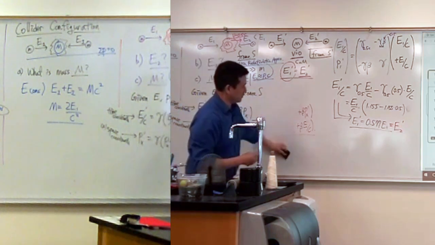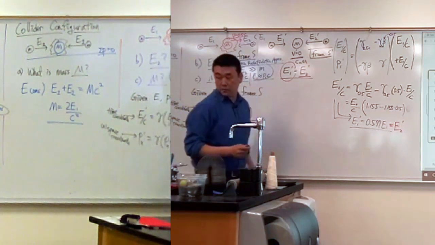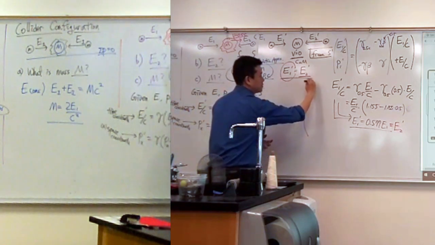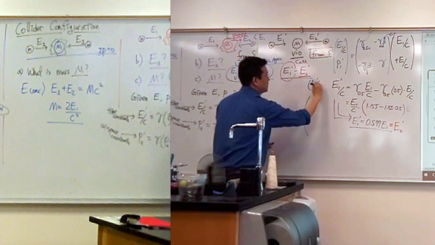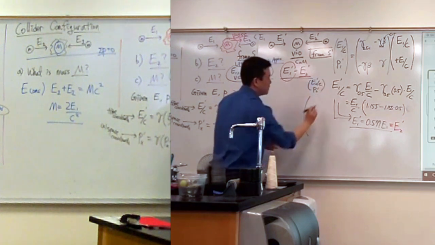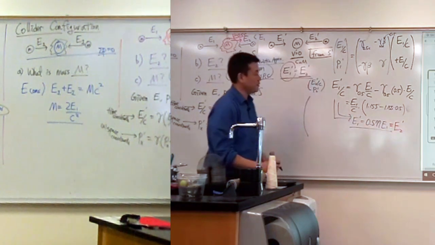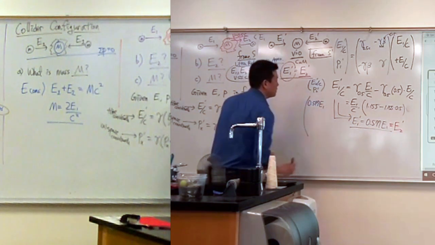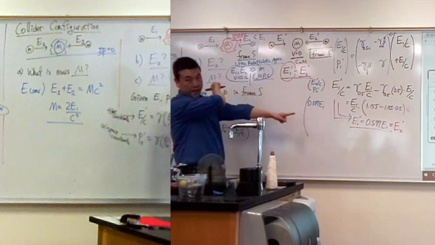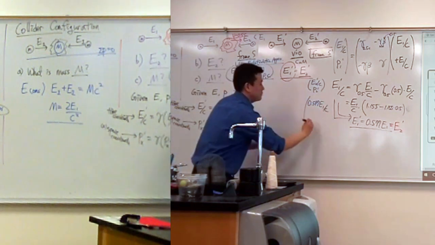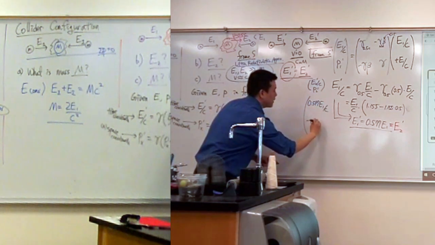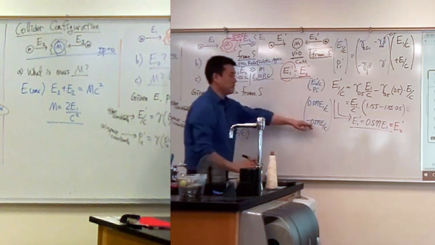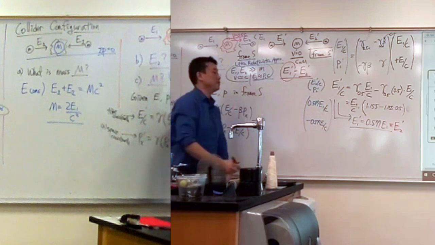So let me write it out here. So this is my momentum 4 vector. This is supposed to be E2 prime divided by C, P2 prime. And using this value to write it out, it's 0.577 E1. And momentum, it's going to left, divided by C. So it's minus 0.577 E1 over C. This is the E2 prime momentum 4 vector.